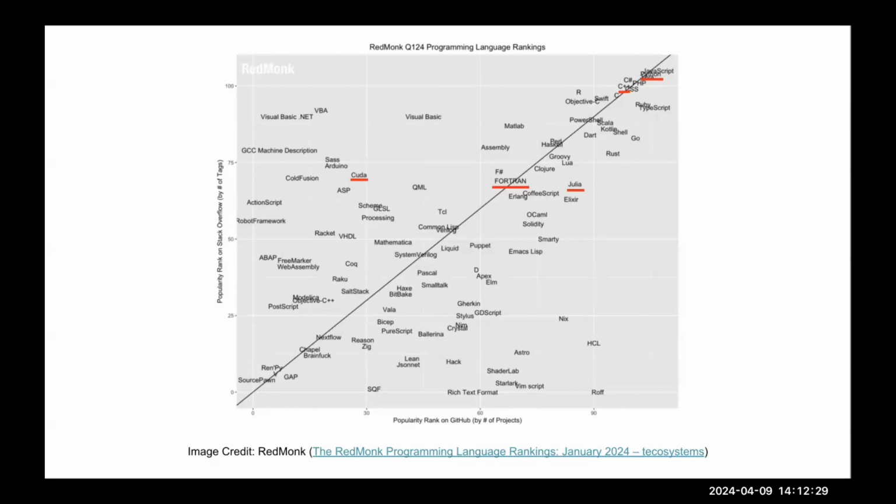It's even more popular than Fortran and CUDA, which is understandable, because Fortran is gradually, I'm not saying phasing out, but it's getting less and less popular on the general programming side. Fortran is mostly focused on computational stuff.